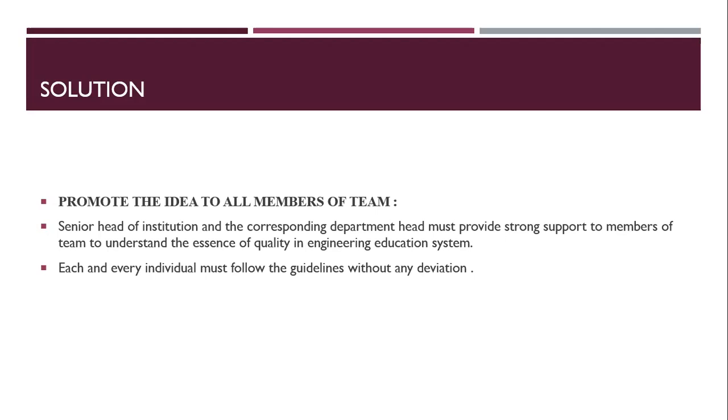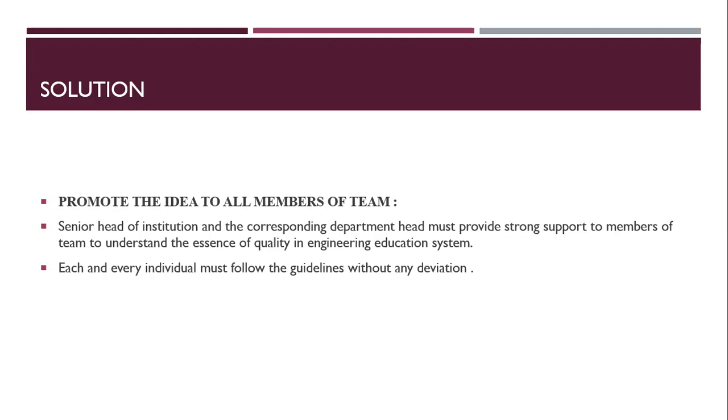Say, for example, implementation of Lean Six Sigma in students' internal assessment. So how to improve the individual students' quality in a subject based on the mark, the score obtained by the student? What are the possible ways to improve the outcome of the student's quality in the corresponding subject?